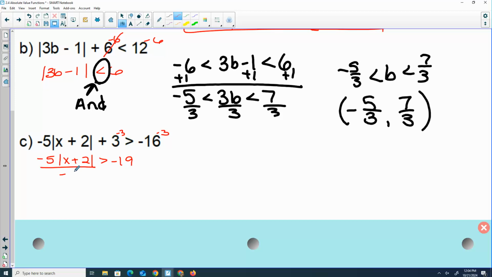Then divide by -5. If you divide by a negative, that flips the sign. So now it becomes a less than. And less than means and. Okay, so we know our answer should just be in between 2 numbers.